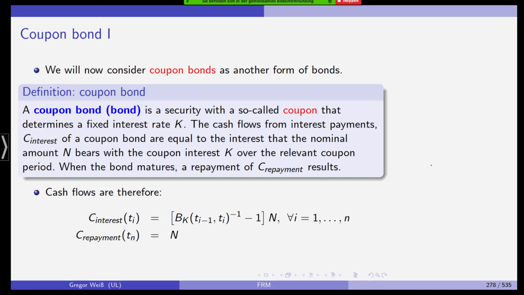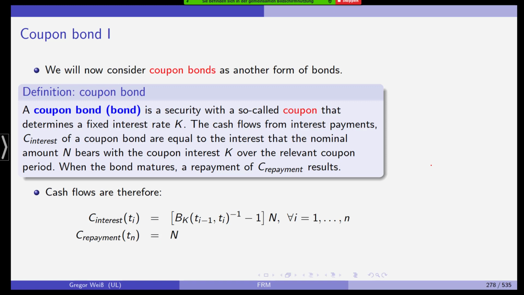So now let's move from the zero coupon bond and the floater to the next thing, which is a coupon bond. A coupon bond is a security with a so-called coupon that determines a fixed interest rate K. And the cash flows from the interest payments of a coupon bond are equal to the interest that the nominal amount N bears, with the coupon interest K over the relevant coupon period.